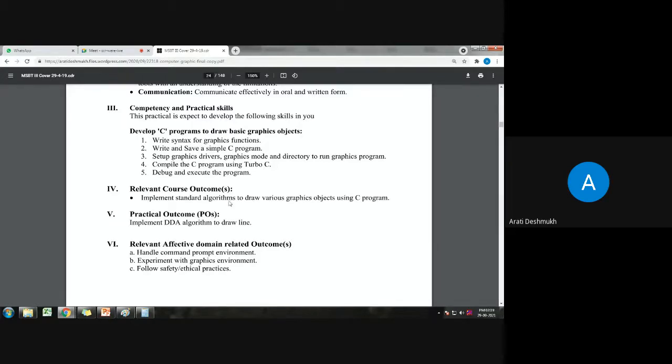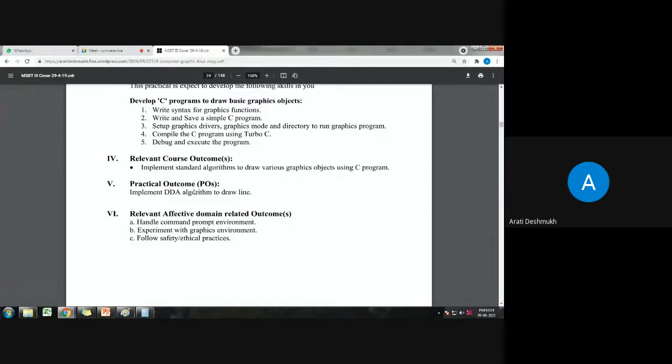Everything we use in the computer graphics program. The CO of this experiment is to implement the standard algorithm to draw the various graphical objects using the C program. So the practical outcome is we are implementing the DDA algorithm to draw the line.